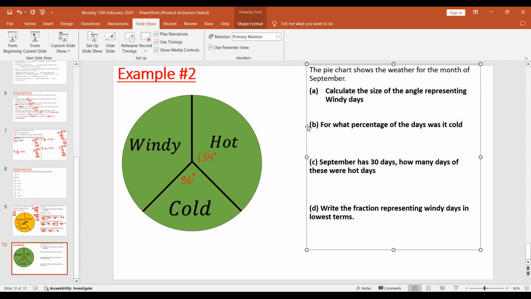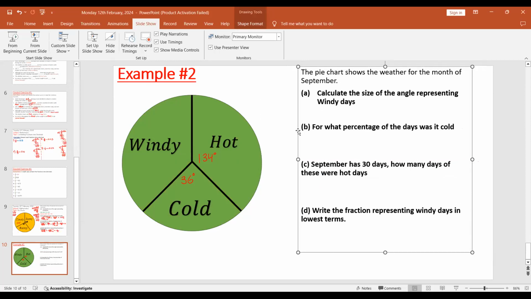So let's quickly do this. I need a volunteer for A, calculate the size of the angle representing windy days. How are we going to do that? For windy days, what are we going to do? You're going to add 134 plus 36. We have to add 134 degrees plus 36, very good.